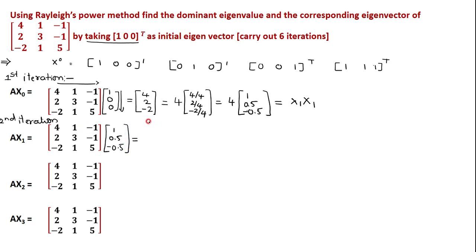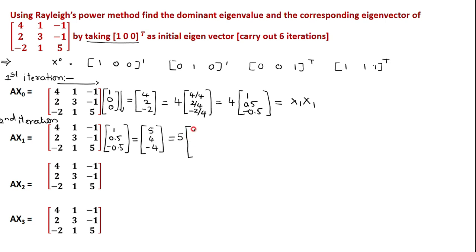Multiply these two matrices, the answer matrix will be, with the row and the column, 4 into 1, 1 into 0.5, minus 1 into 0.5. If you add them all, it will be 5, 4, minus 4. Here the largest element is 5. So take 5 common and write the remaining elements.